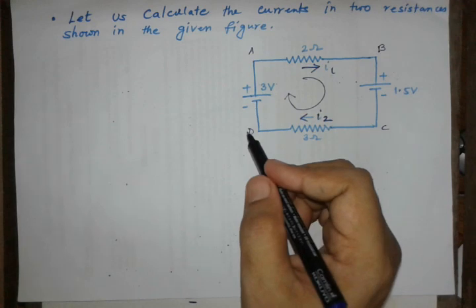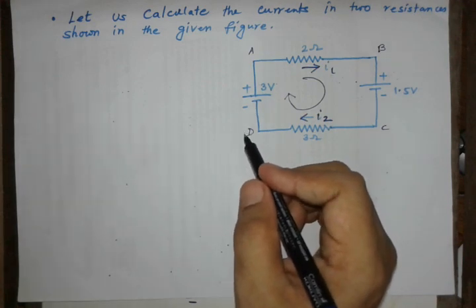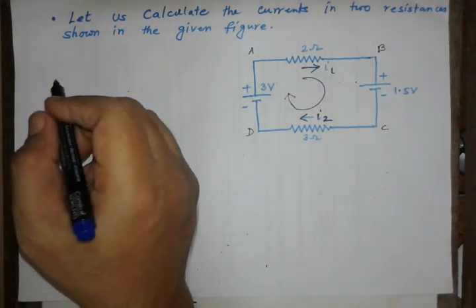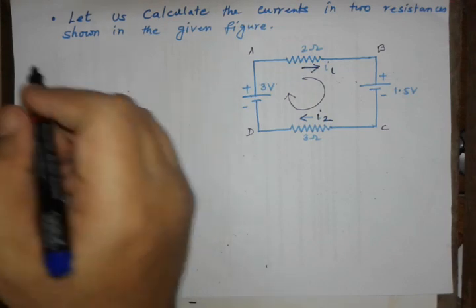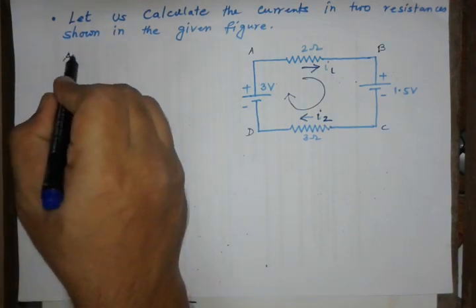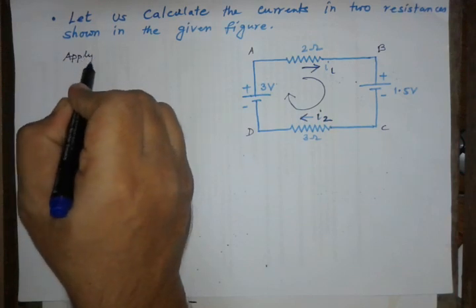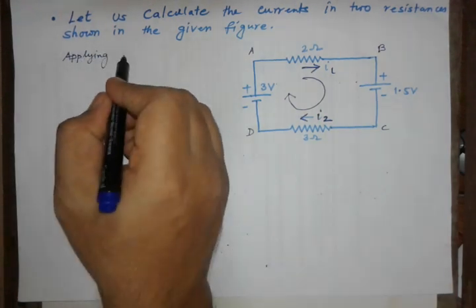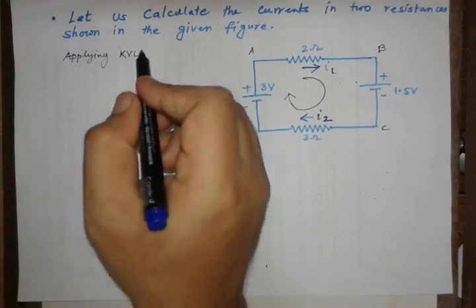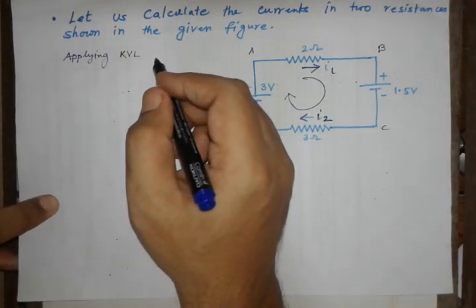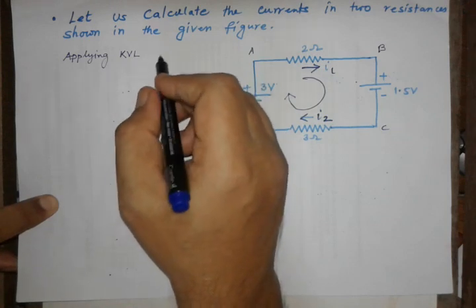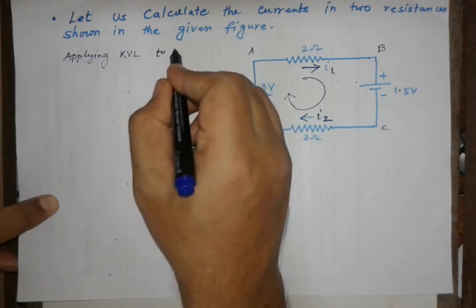Maybe in some other numericals there will be more loops. So you can write here, applying the Kirchhoff law, in short form KVL, to the closed loop.